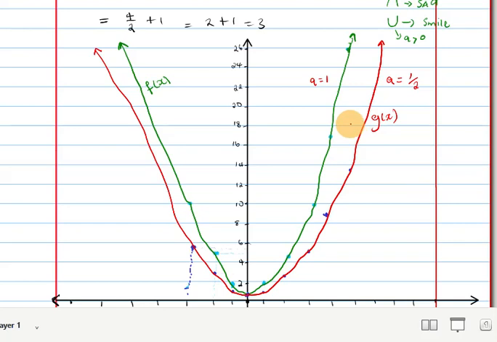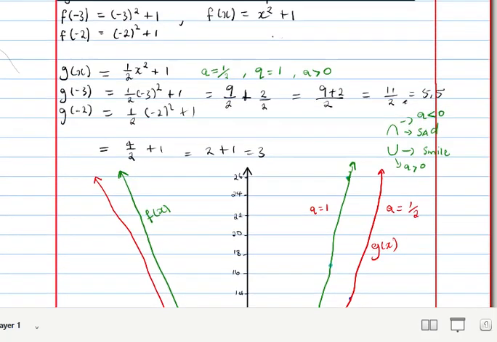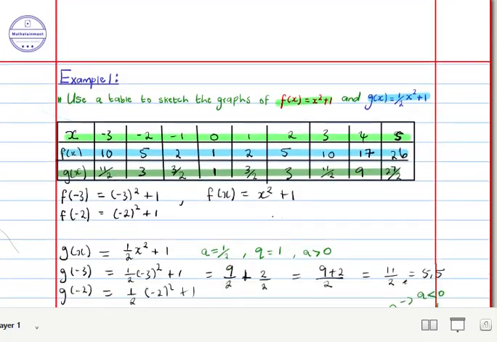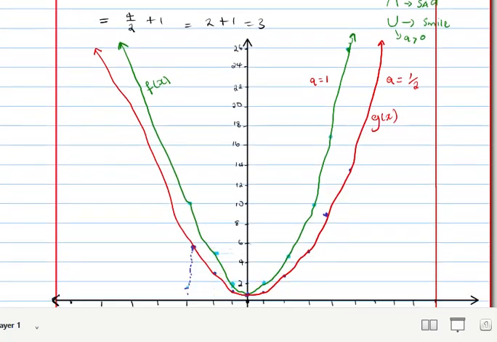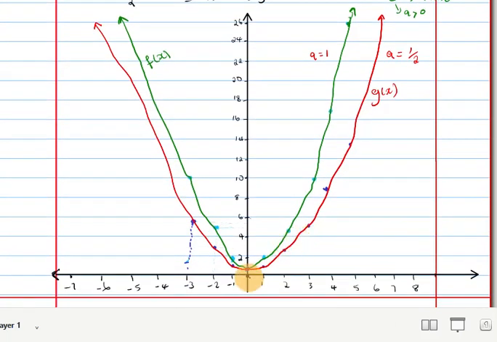So I think now you can see the difference between these two graphs. As the value of a increases, the graph is getting more and more narrow. And look carefully here, the function g has the value of q that is positive 1, and the function f has the value of q that is positive 1, meaning both graphs shifted 1 unit upward.